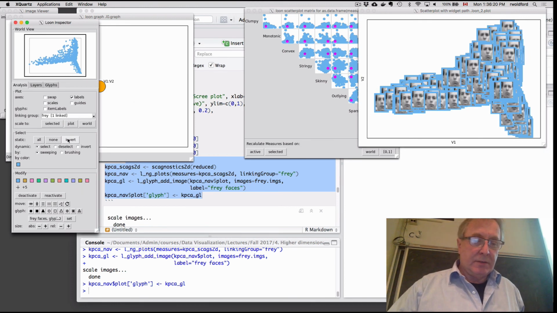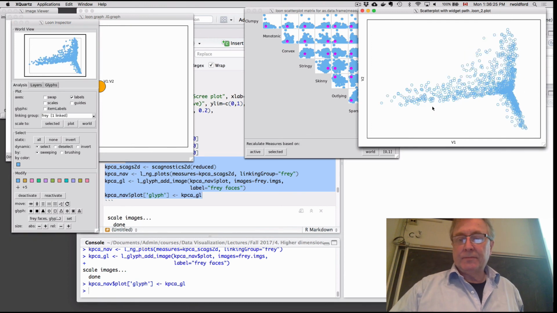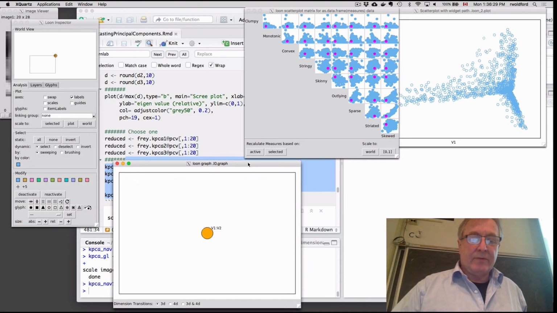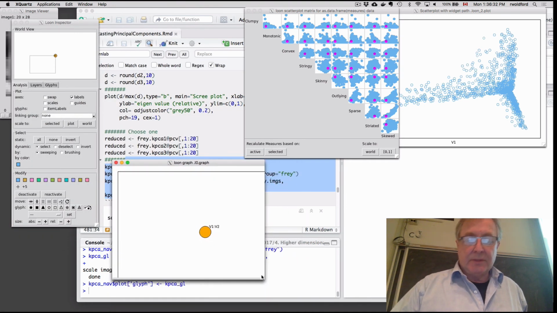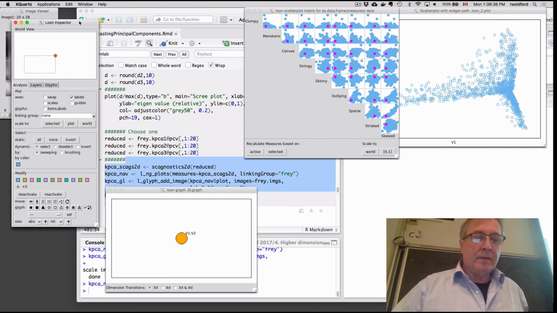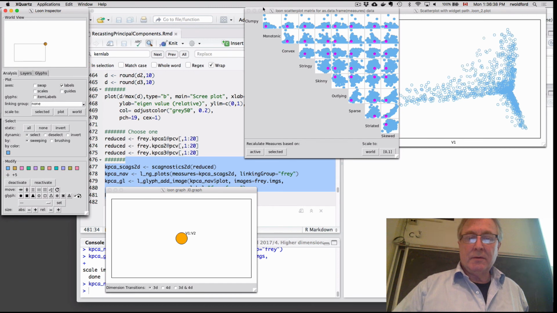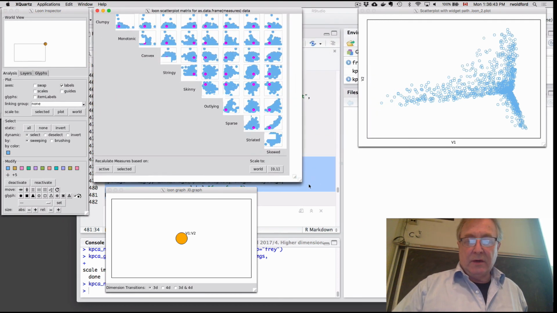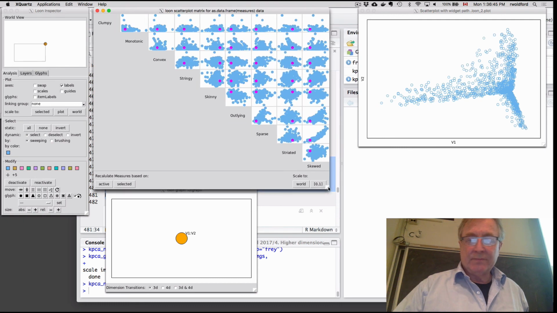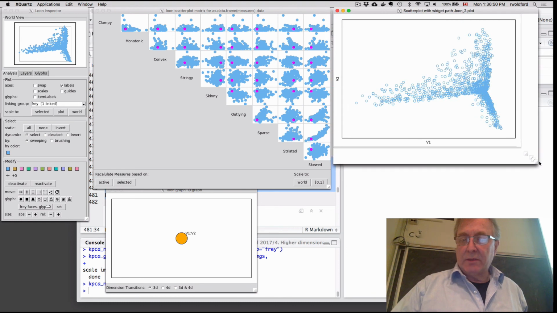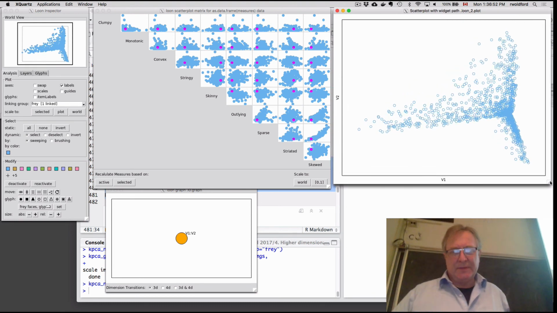So let me just pick all of these, make them little circles. So that's our navigation graph. Down at the bottom, I'll make this relatively small. The inspector. And this is the pairs plot of the scagnostics and the corresponding scatter plot. So that's on the first two principal components.